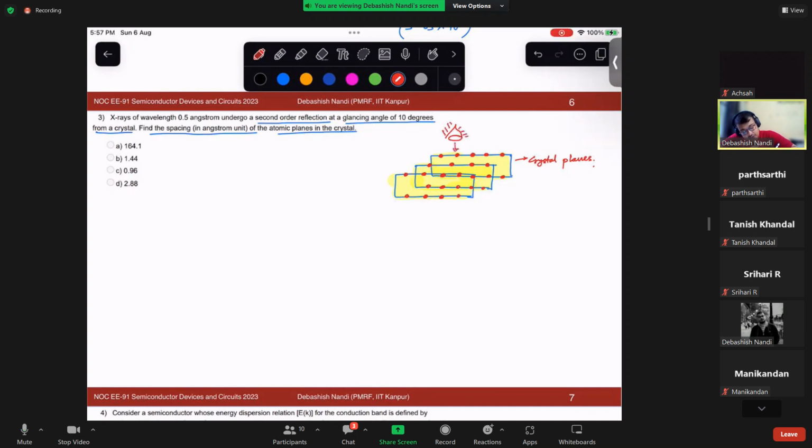Now if I look from here, the top view, what will I see? This is say plane 1, this is say plane 2, this is say plane 3. These are the vertical planes I am looking at from the top, so I will see a straight line only.